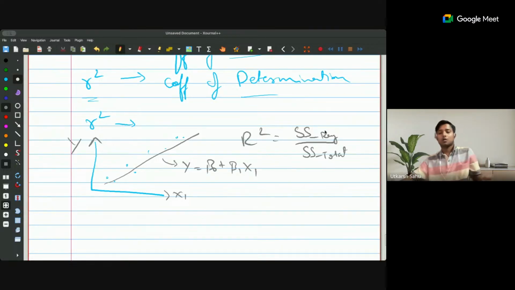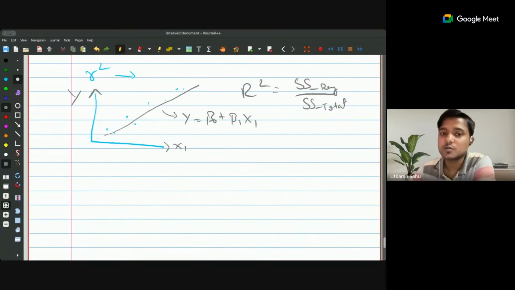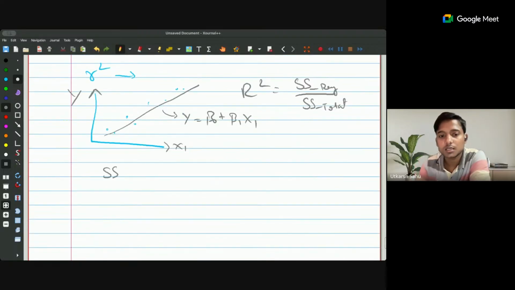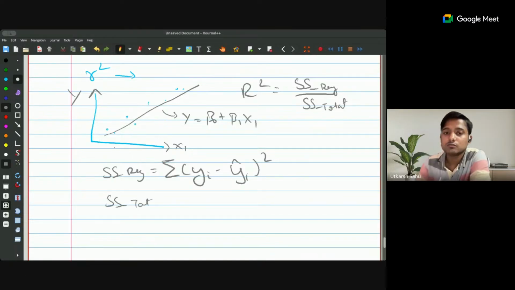Now, everyone can compute the sum square regression, which is called SSREG. It would be basically y actual minus y predicted, whole square, and you do this summation for all values. What is the sum square total? So r square is basically telling us how good our model is compared to the baseline model. And what is the baseline model?